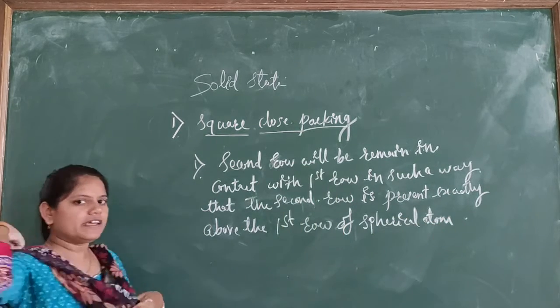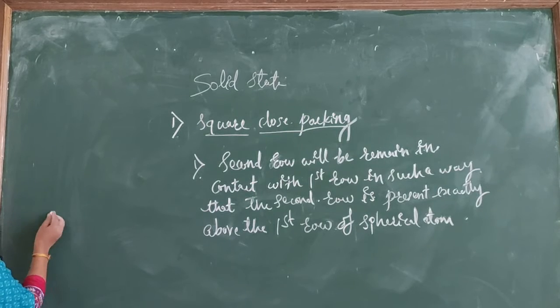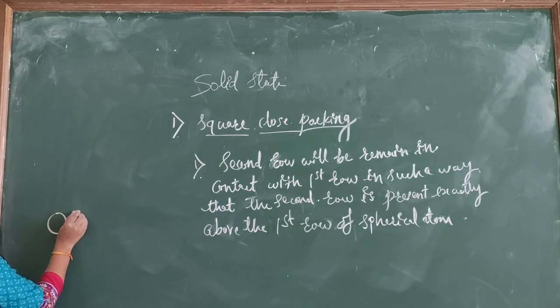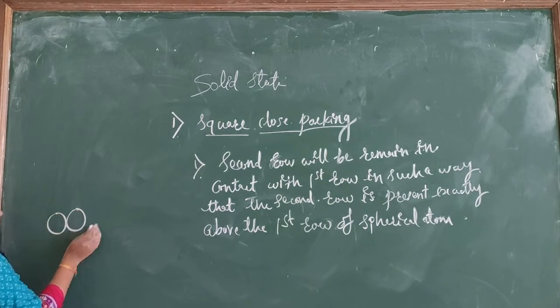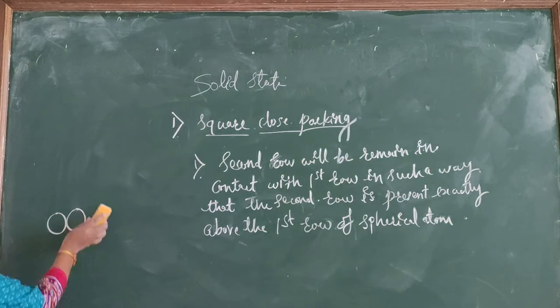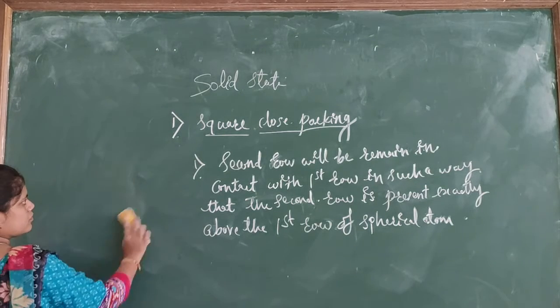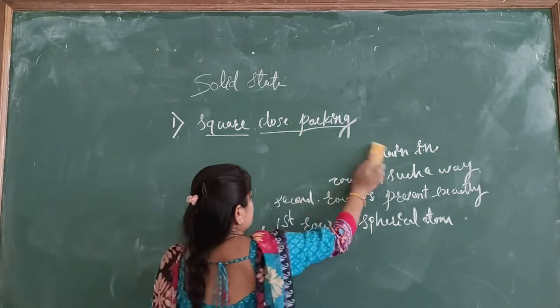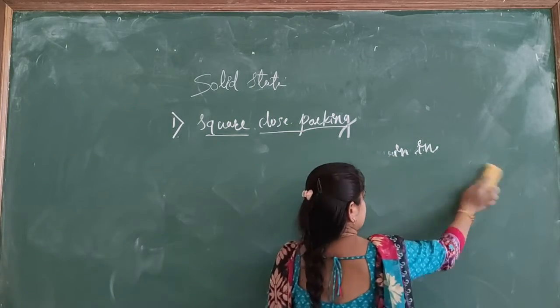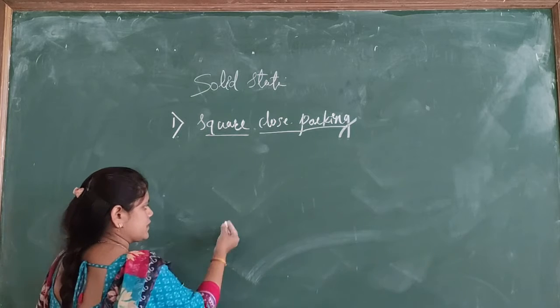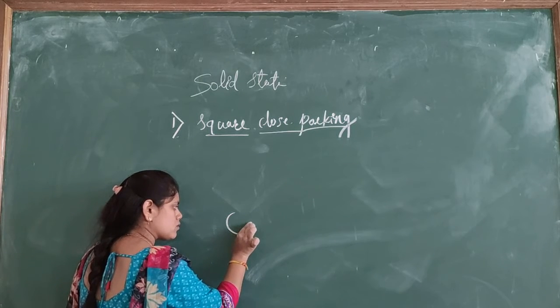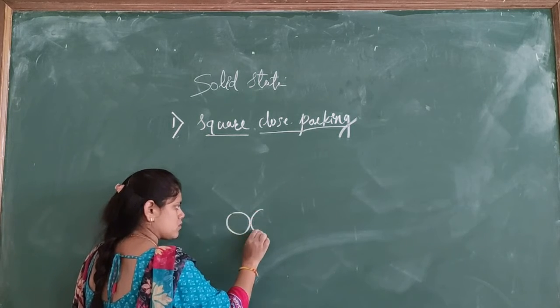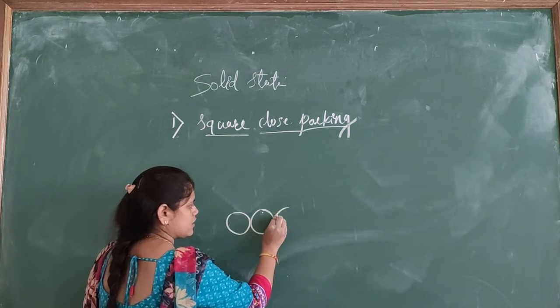Okay, I will show the arrangement here. Suppose this is your first row. I will draw it here. Suppose this is the first row, so these are your spherical atoms.